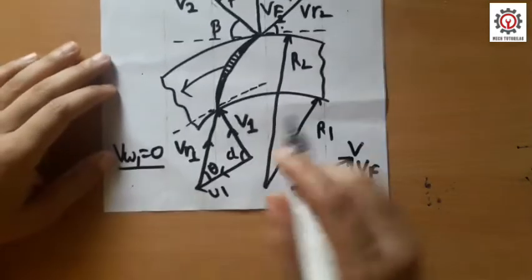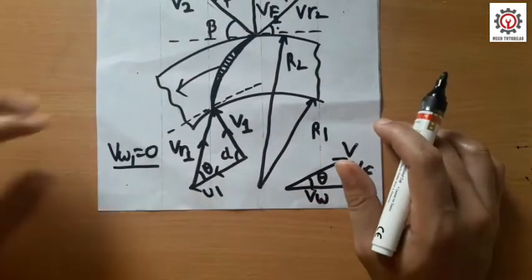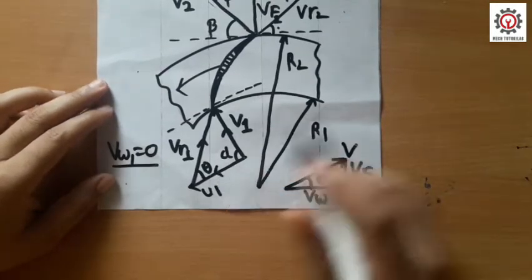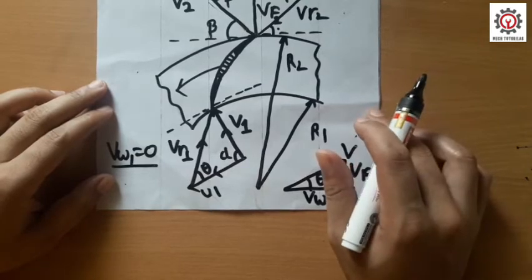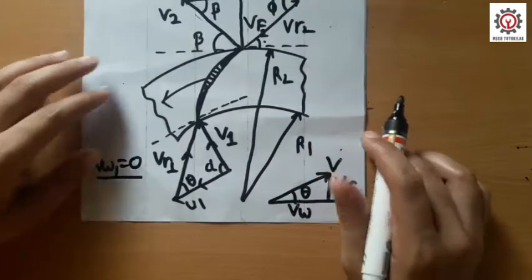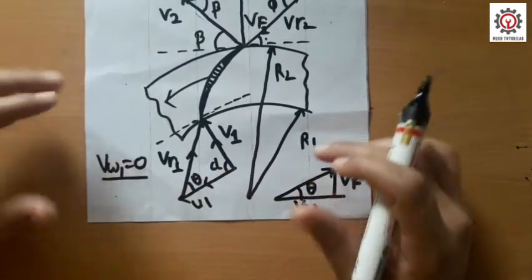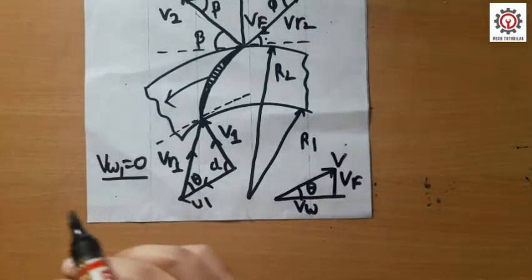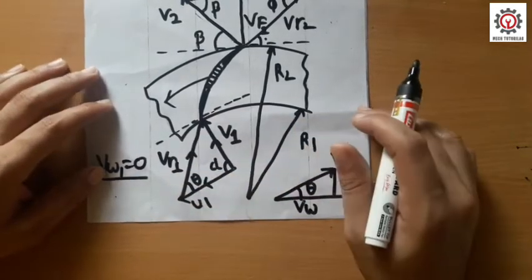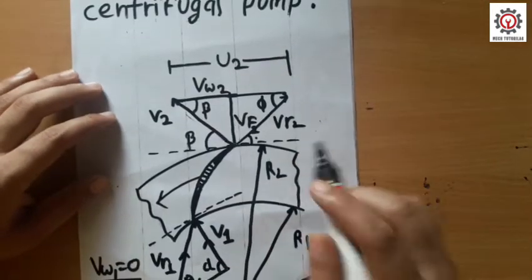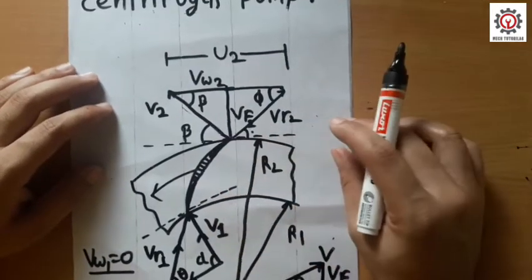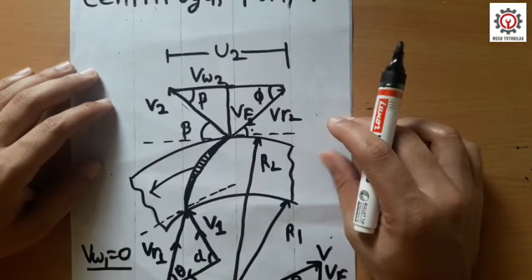Here V1 is the absolute velocity of water at inlet, U1 is the tangential velocity of the impeller at inlet, VR1 is the relative velocity of water at inlet, and theta and alpha are the corresponding angles made by these velocities with each other. V2 is the absolute velocity of water at outlet.